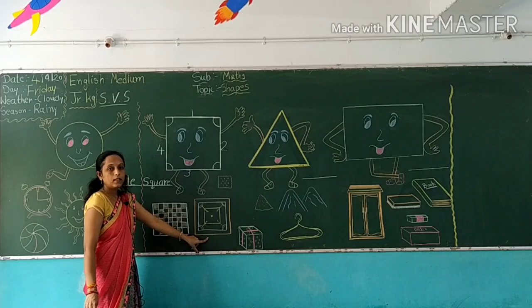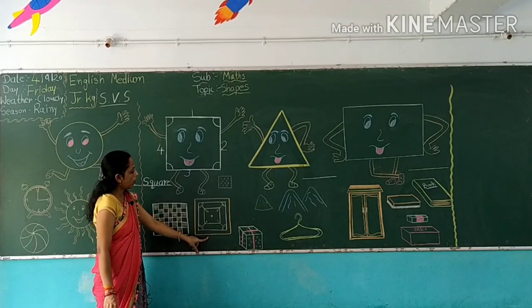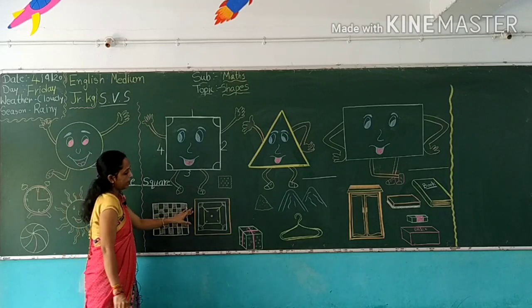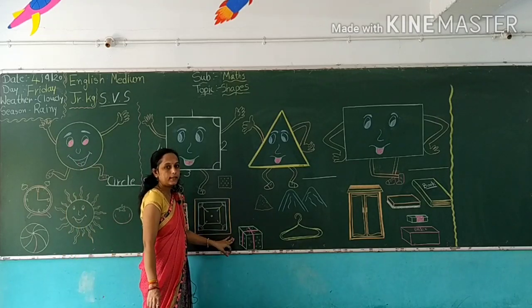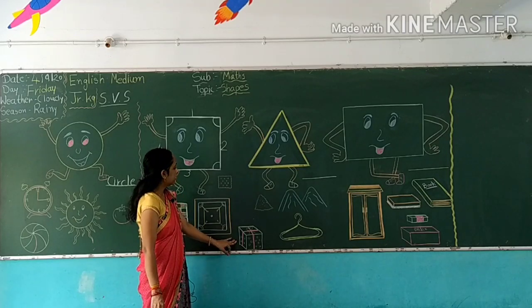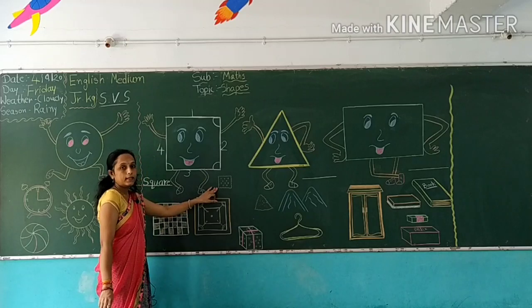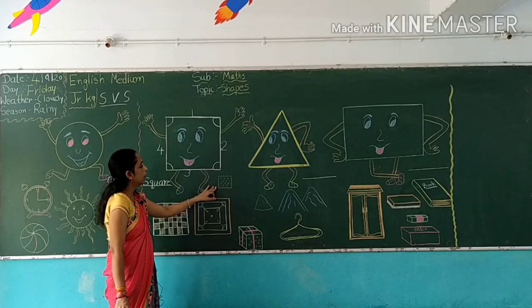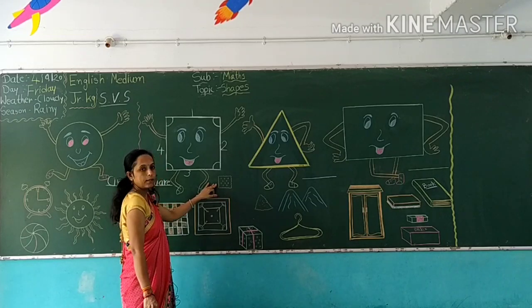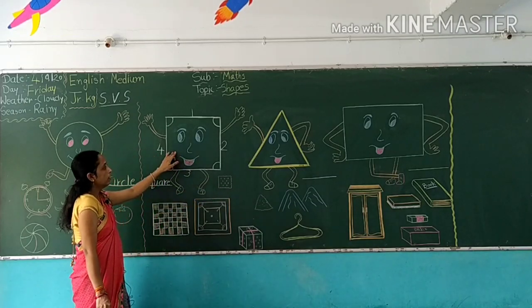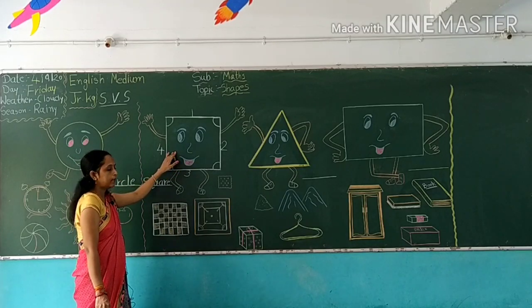Chessboard, carom board also in square shape. And what is this? Gift box. And what is this? Tell me. Yes, Crackjack biscuit. Crackjack biscuit is also in square shape. Okay. So this is a square shape.